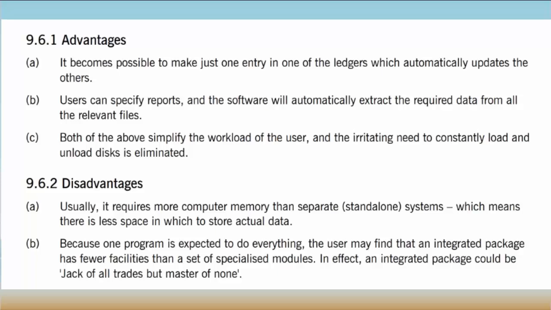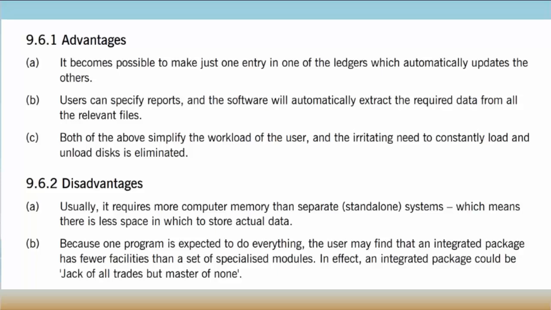1. Single entry updates multiple ledgers automatically. In a traditional, non-integrated system, you might have to enter the same transaction in several different ledgers. For example, if you sold goods, you would enter the sale in the sales ledger, update the customer's balance in the receivables ledger, adjust inventory levels in the inventory ledger, and record the totals in the general ledger.